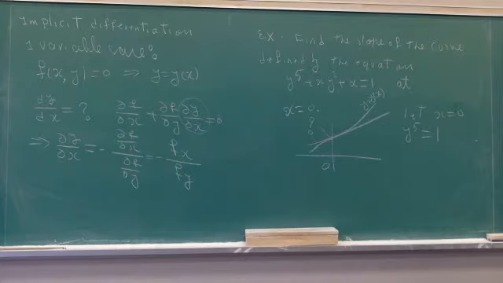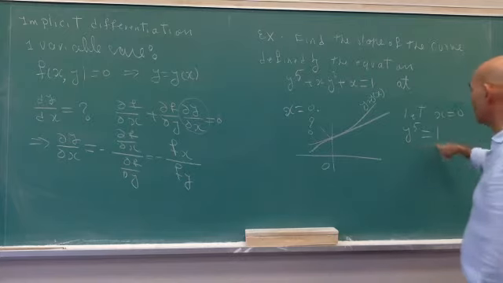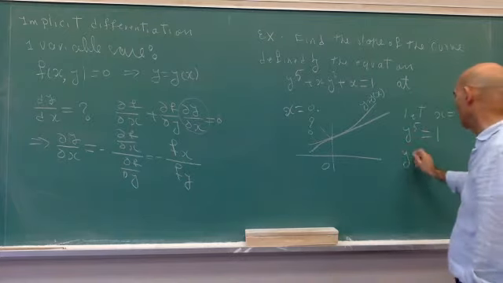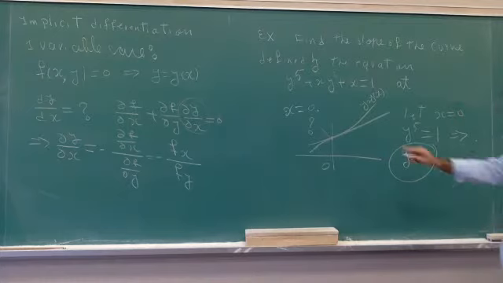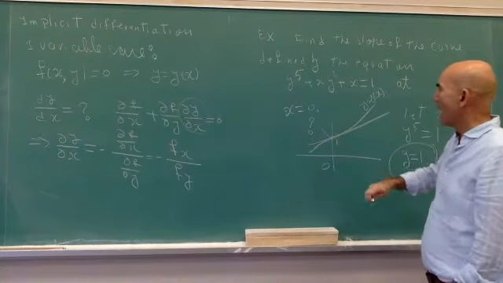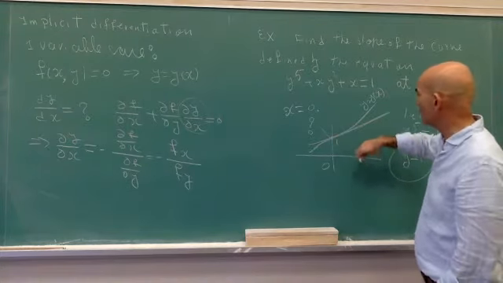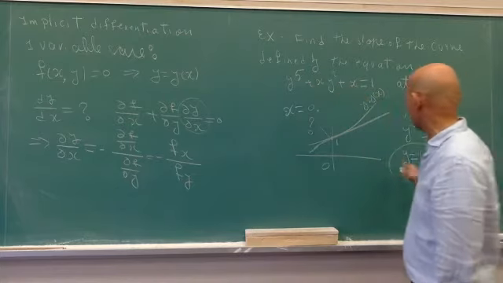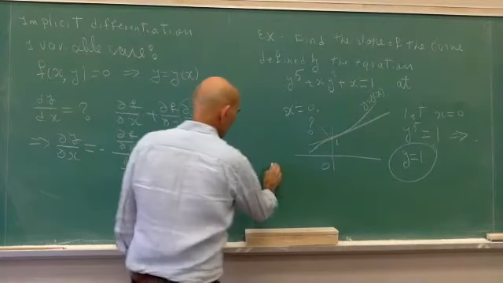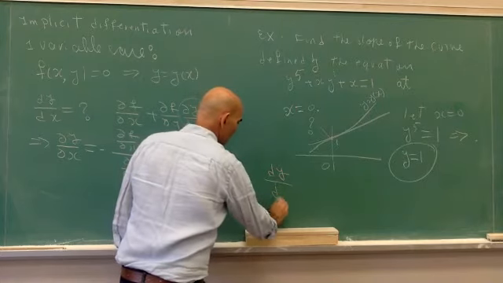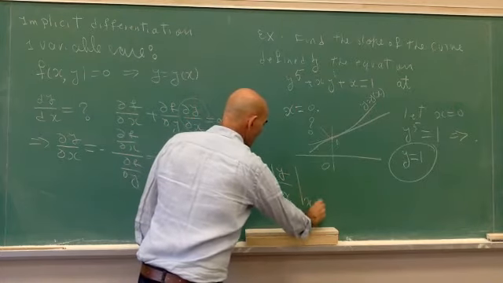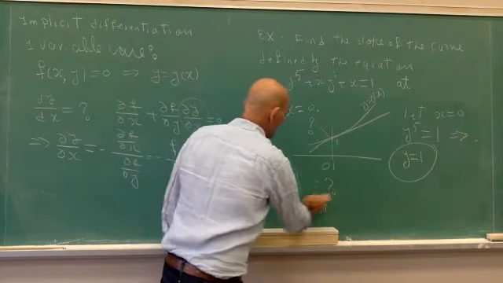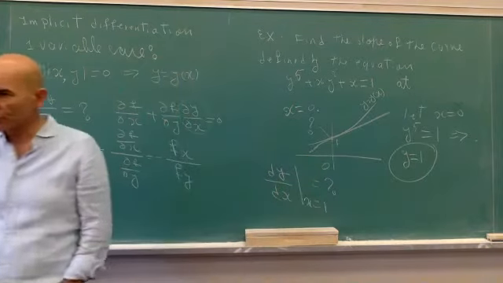There's only one solution, 1. There is no other solution for us because we live in the real world, not in the complex world. So y equal to 1. So this point is 1, and we want to find the derivative of this function dy/dx at x equal to 0. That's the intent of this question.